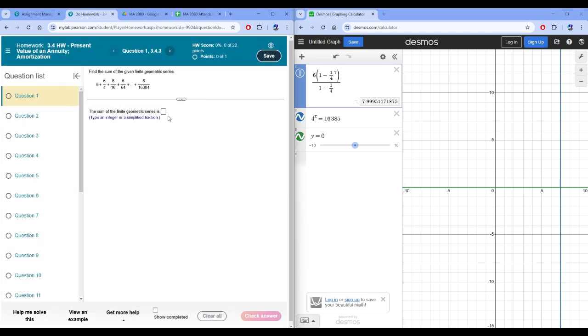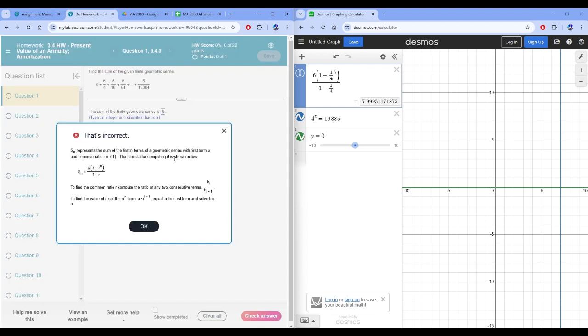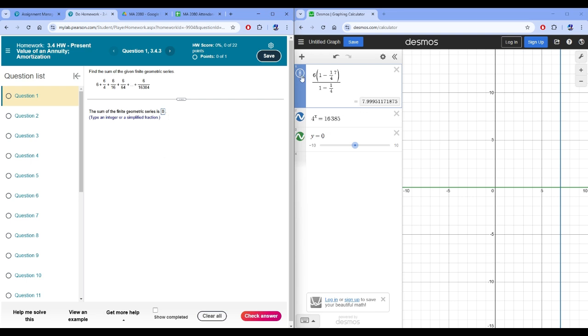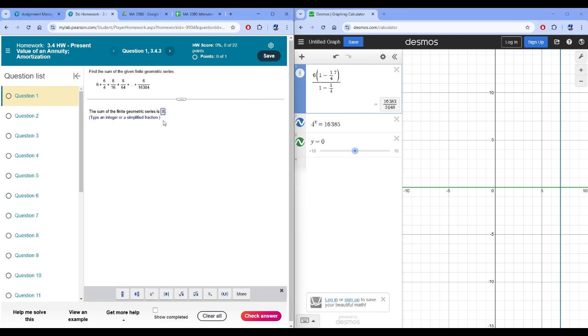Okay. Type an integer or simplified fraction. Can I just put 8? No. 16383 divided by 2048.